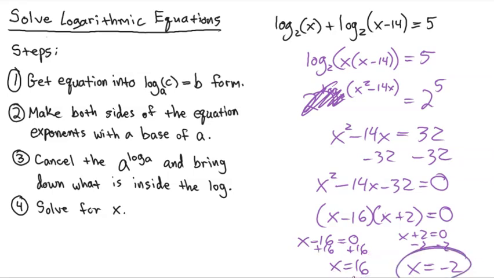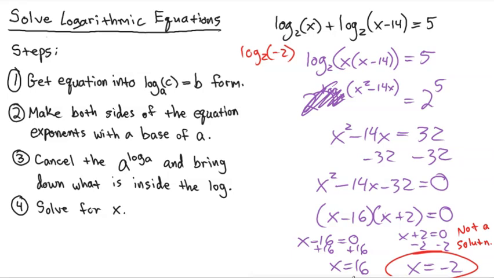However, we have a problem with this solution. This x equals negative 2 cannot be a solution. In fact, I'm going to write that right now: this is not a solution. Why? Well, if we plug x equals negative 2 in up here, we would have log base 2 of negative 2.